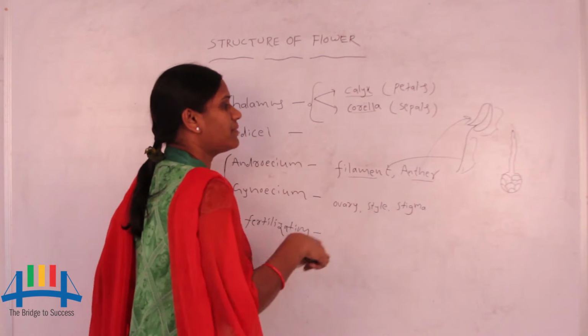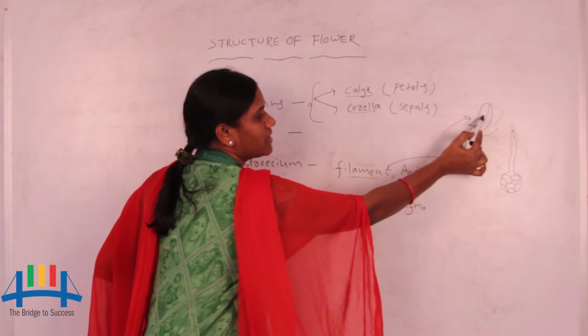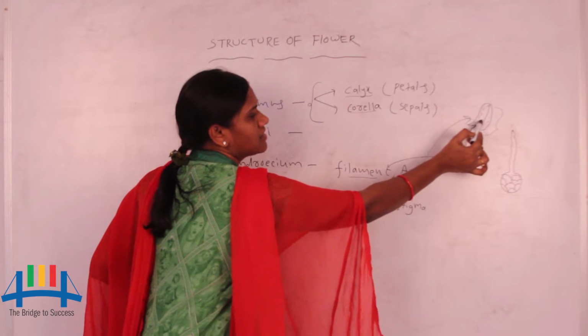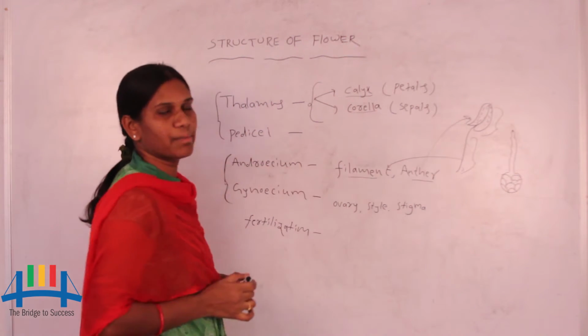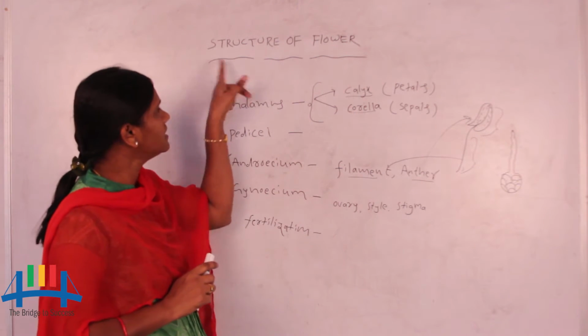The anther is a reproductive part and the filament is a non-reproductive part. The filament only holds the anther. Commonly the anther contains pollen grains, also known as male gametes. The gynoecium is the fourth part of the flower.